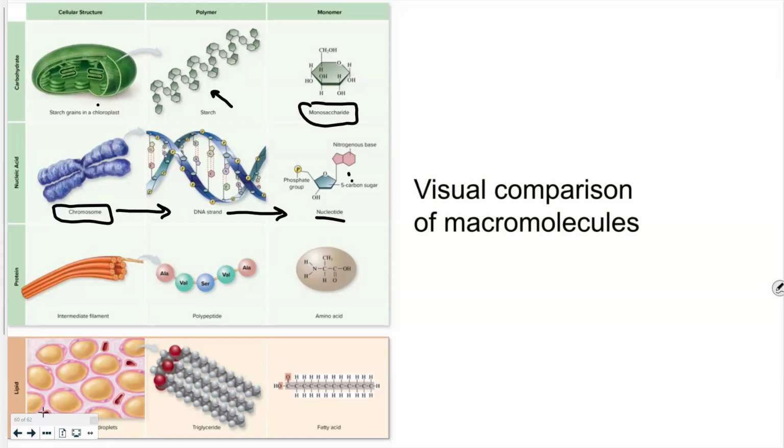We have our 5-carbon sugar, we have our nitrogenous base, which could be A, C, G, T, or U if we're talking about RNA. And then our third component is that phosphate group again. Remember, phosphate group negatively charged.